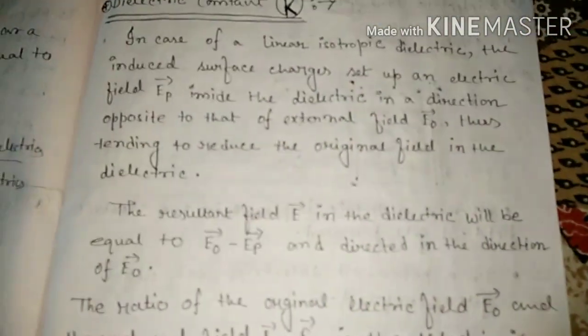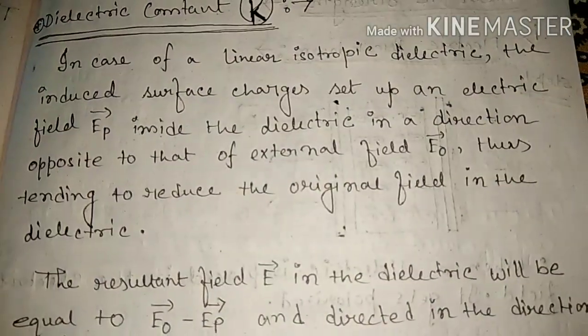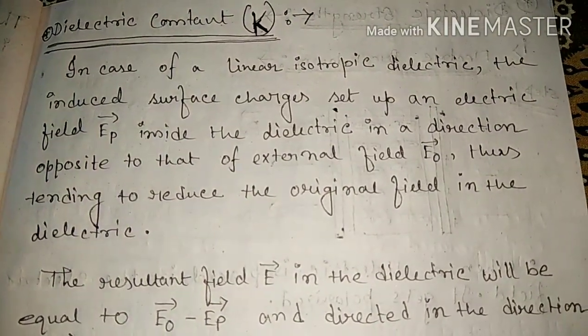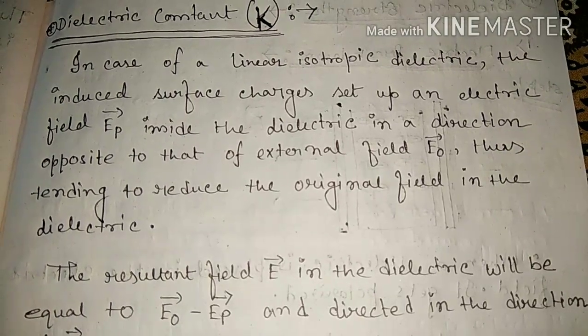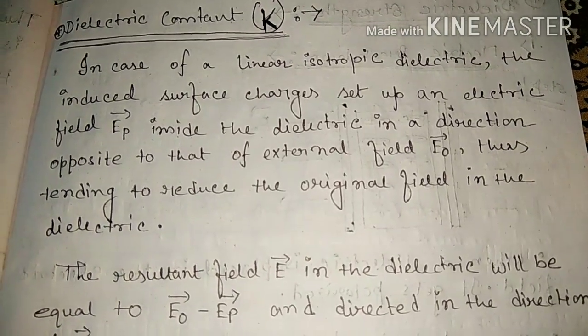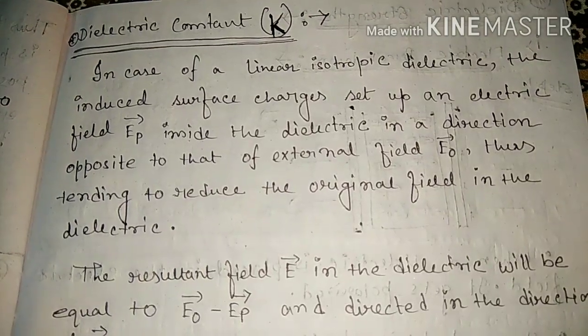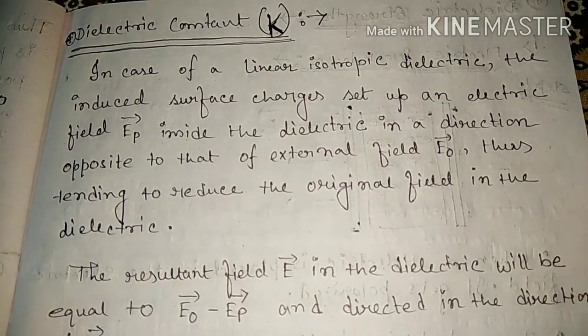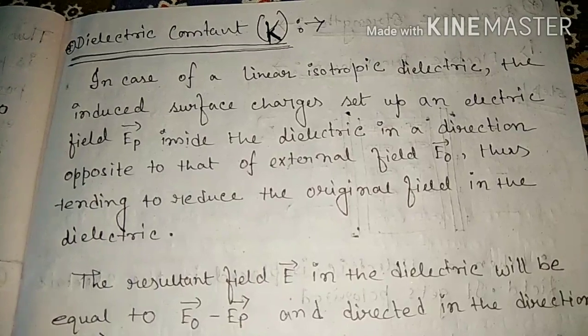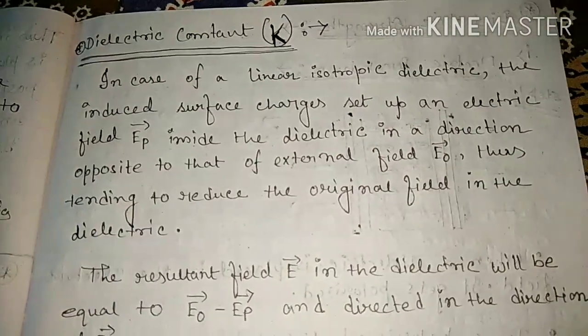So in this case, the linear isotropic dielectric, the induced surface charges set up an electric field EP, as we see in that figure inside the dielectric, and that direction of the induced or polarized electric field is opposite to the external electric field.